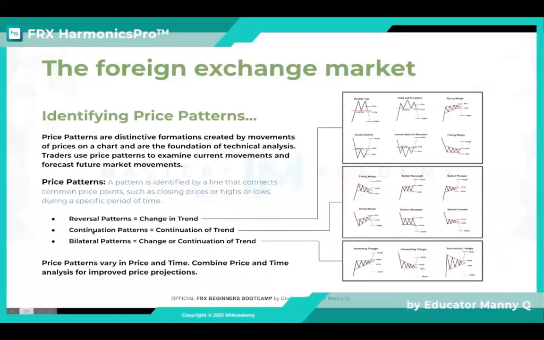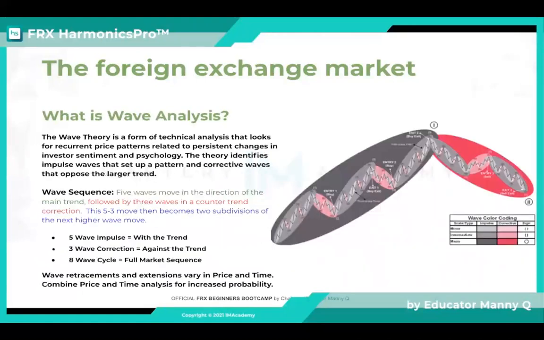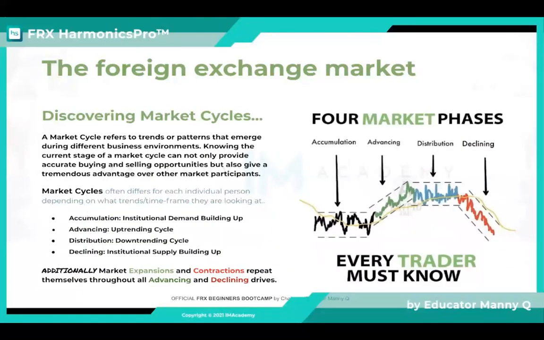Now you also have something known as continuation patterns that are happening in the market. Continuation patterns help you identify the continuation of a trend. So when the market is advancing or when the market is declining, right?